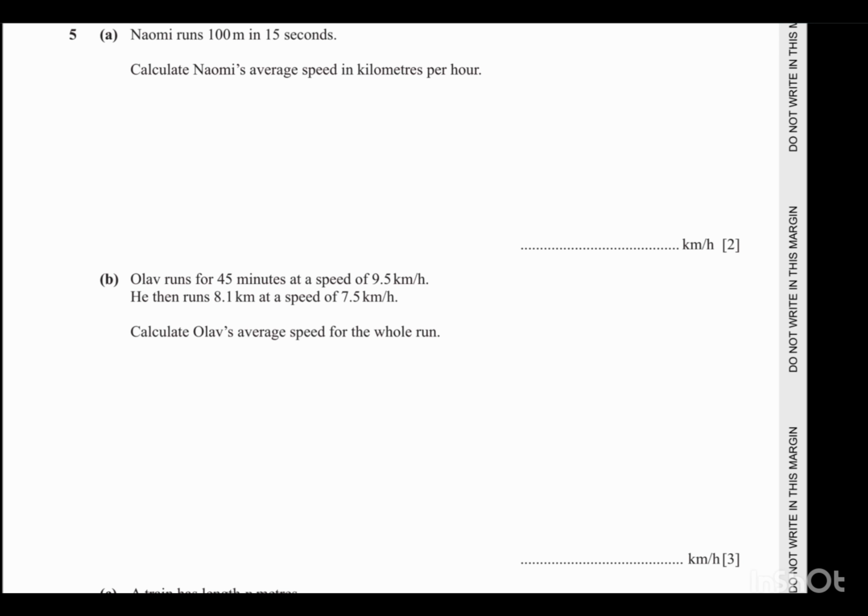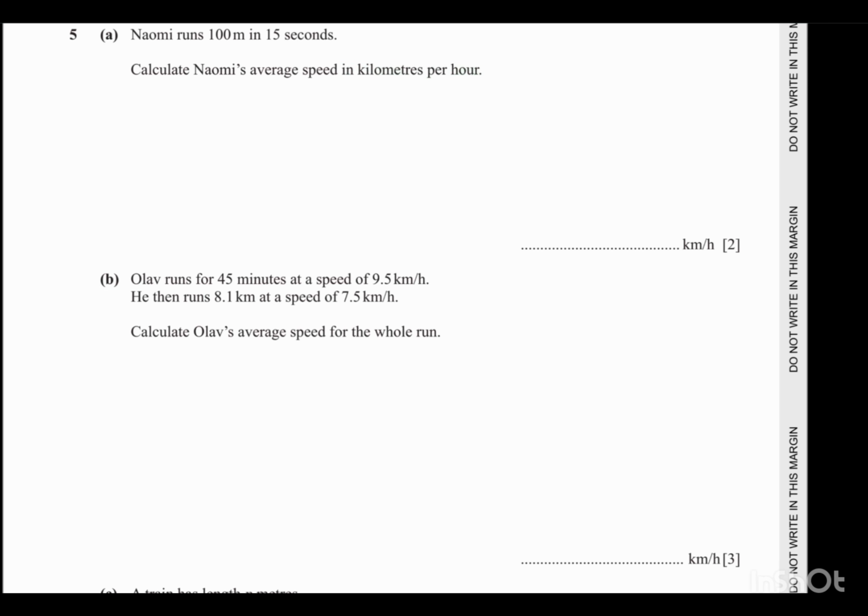Question number 5. Naomi runs 100 meters in 15 seconds. Calculate Naomi's average speed in kilometers per hour. So now here the given information is in meters and seconds. We have to change it into kilometers per hour.